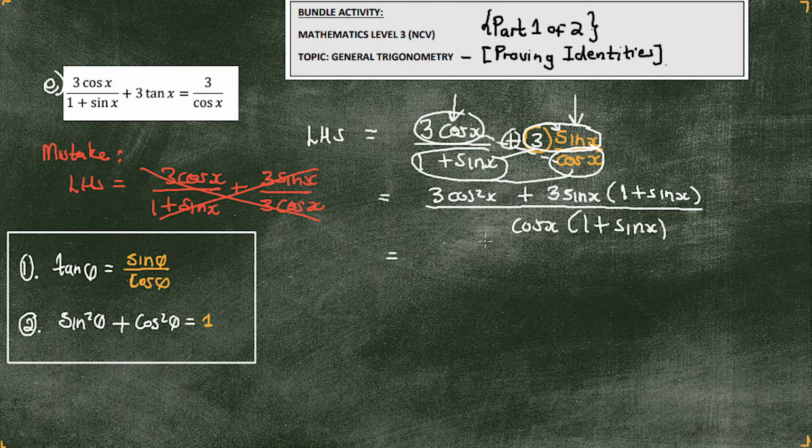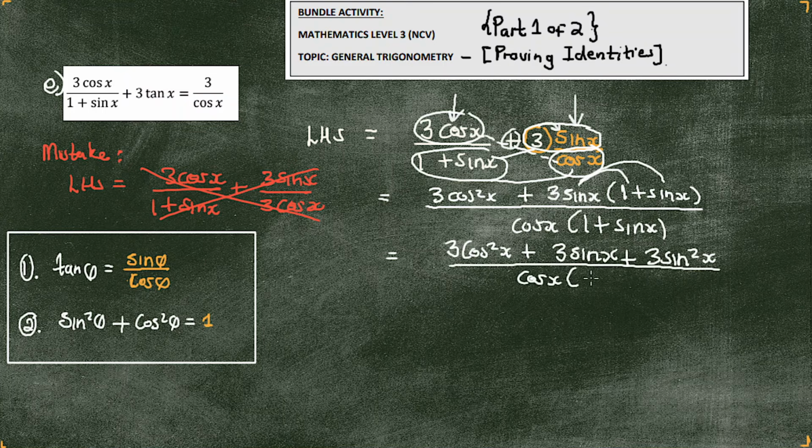Let's continue. We now have a 3 cos squared x, a plus and a plus 3. Now let's distribute this inside the bracket. I now have a 3 sine x plus 3 sine squared x. Okay, let's continue. Don't multiply this bracket yet.